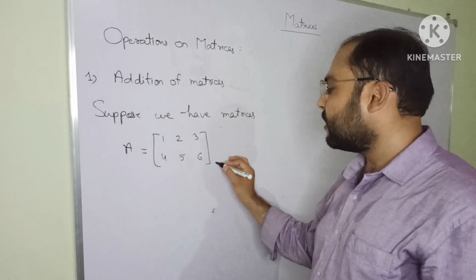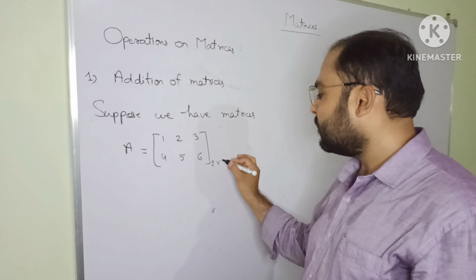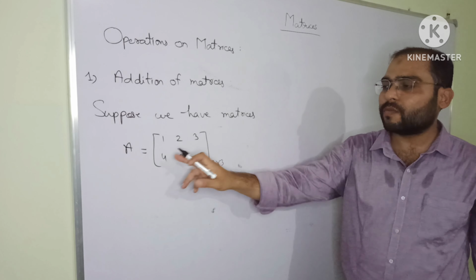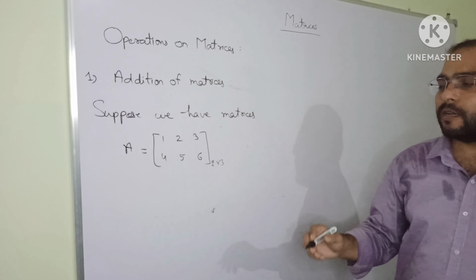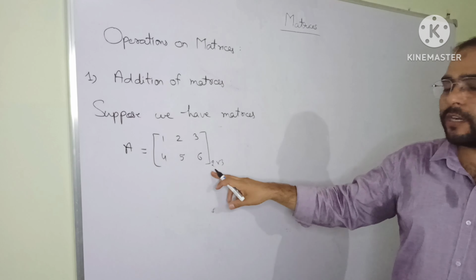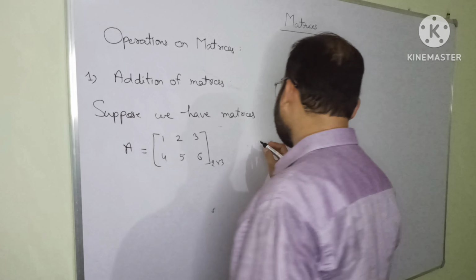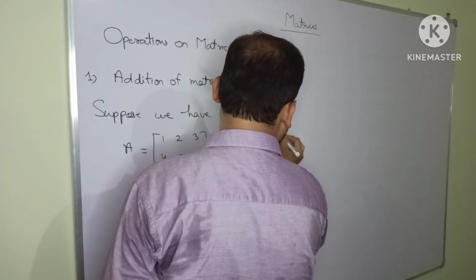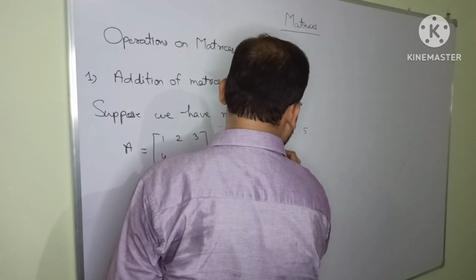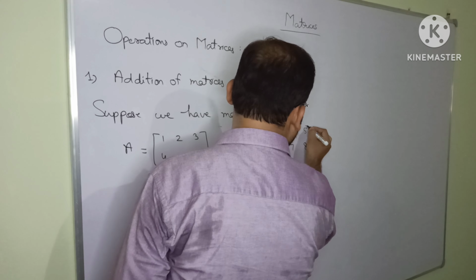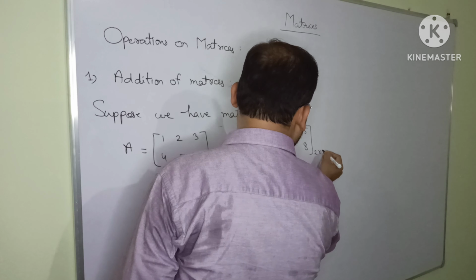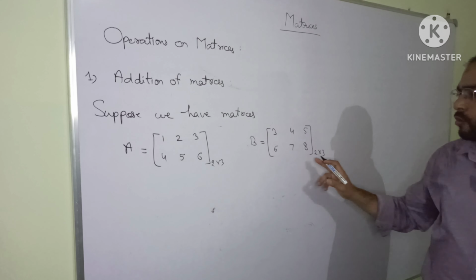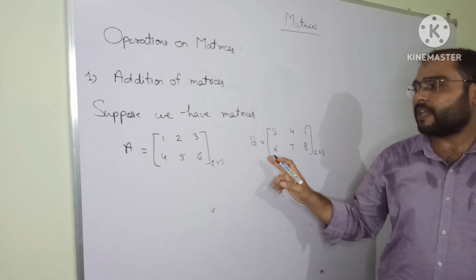So the order of the matrix is 2 by 3. For adding any other matrix to A, that matrix must be of order 2 by 3. So we have taken another matrix B, 3, 4, 5, 6, 7, 8, of the same order 2 by 3. We now have two matrices of the same order, namely A and B.